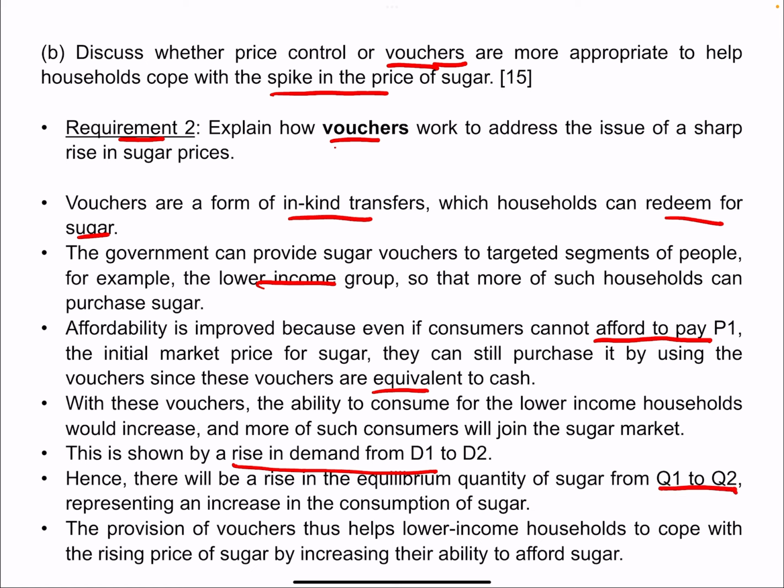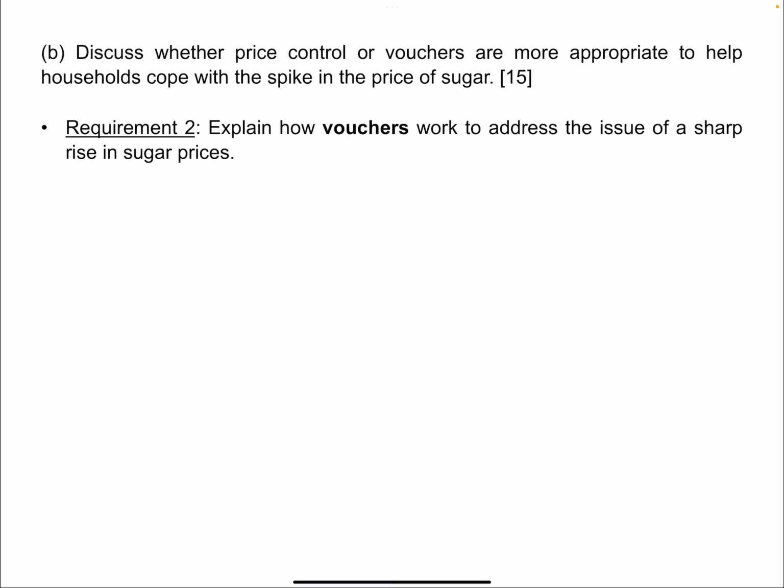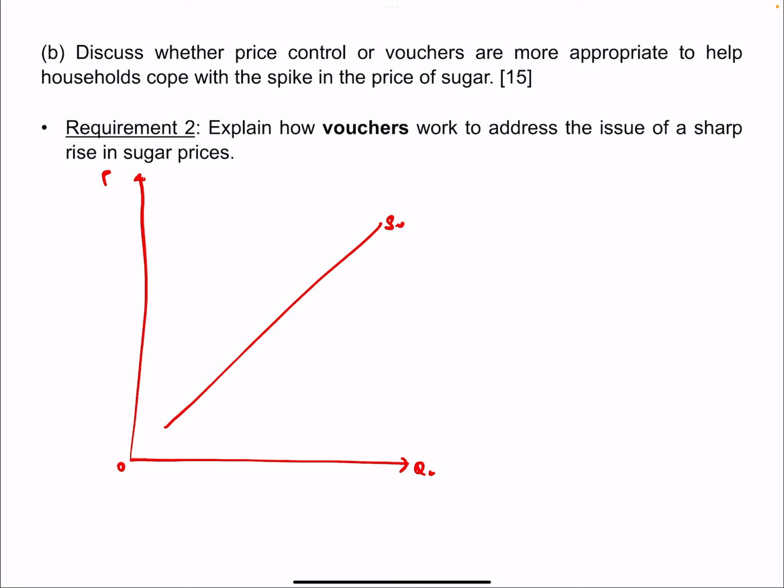Okay, so this diagram here that you see in these square brackets will look like this. So we're going to draw it. So here, we're going to draw a regular demand and supply curve, right? So Q and P. And you have a supply curve and demand curve. So the initial demand and supply was at Q0 and P0. But you remember that in this case, the low income households couldn't buy the sugar, right?